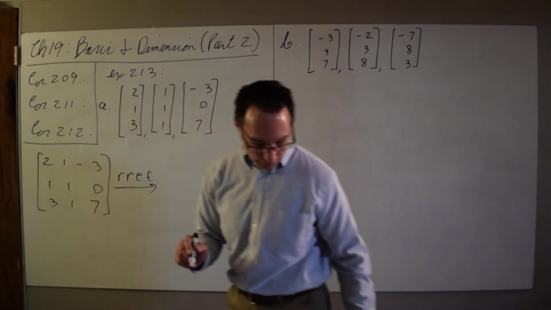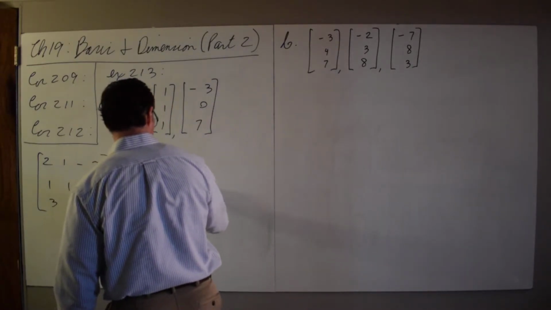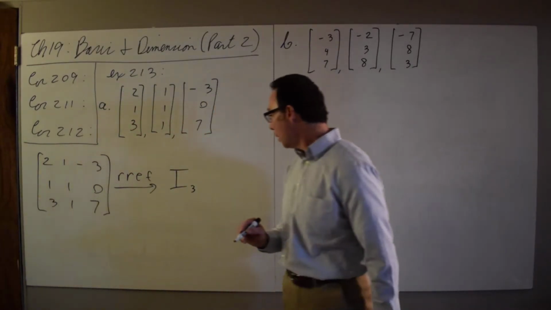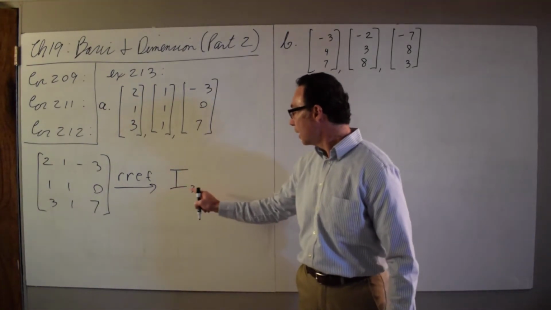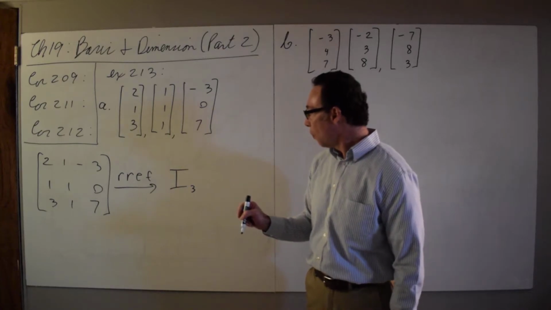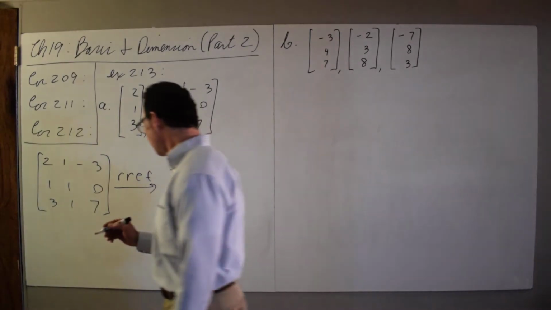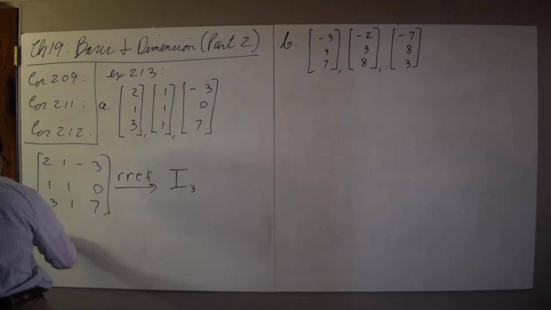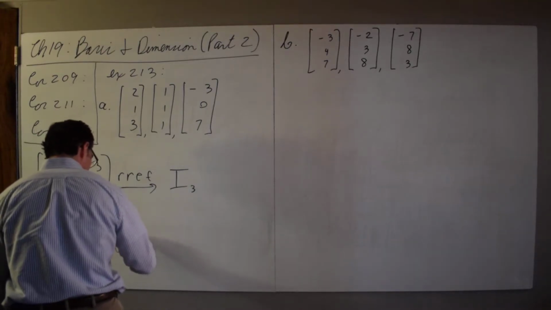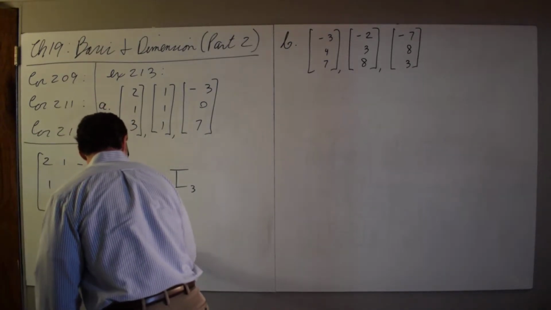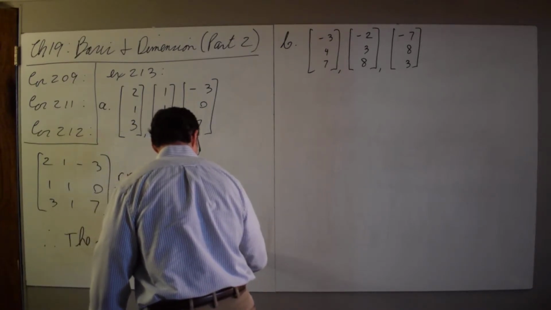When we do that, we see that we do have the identity matrix. To save time, I'll just write that as I3, a 3 by 3 identity matrix. Therefore, the columns are linearly independent.